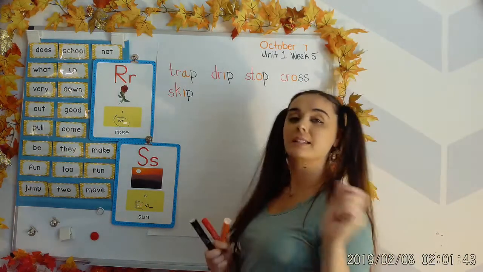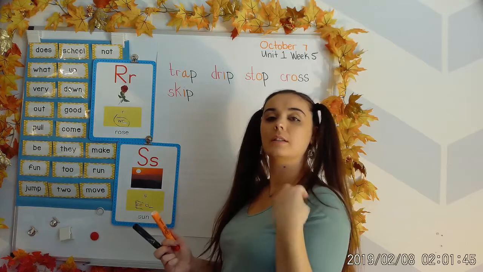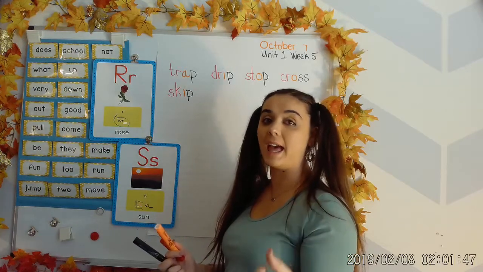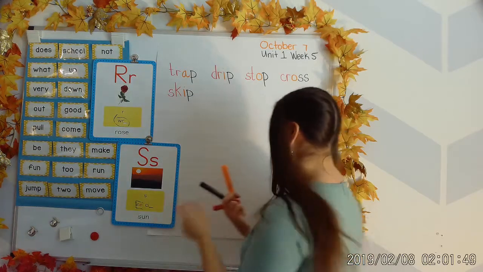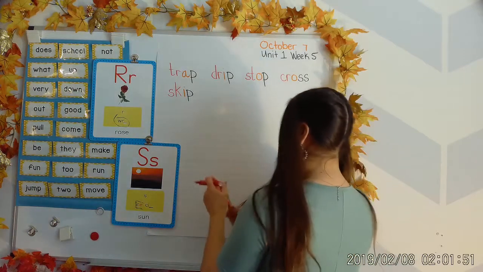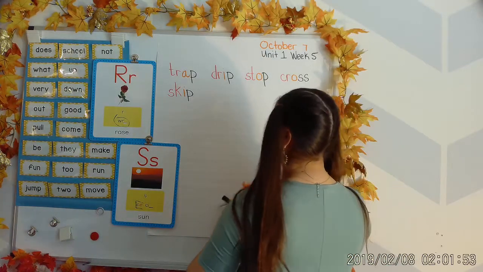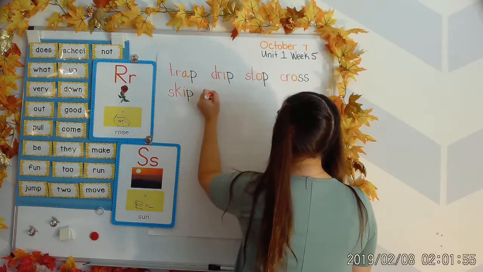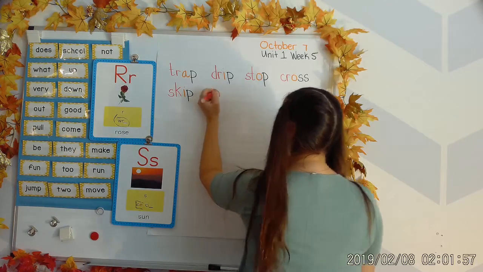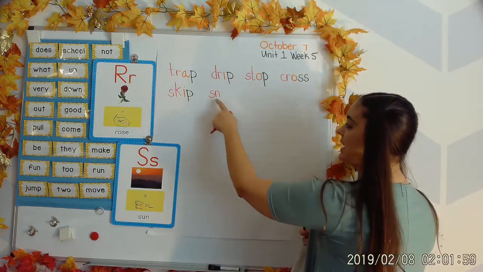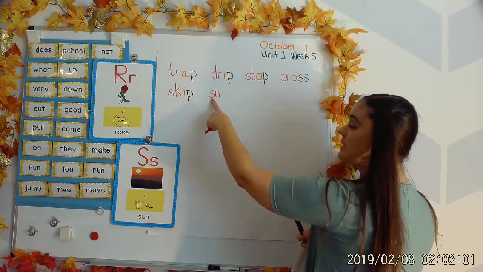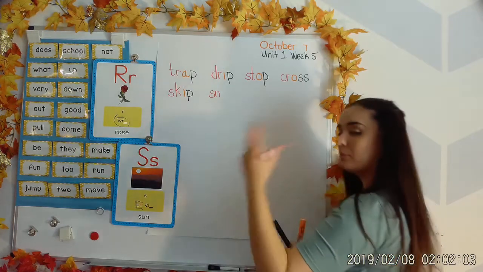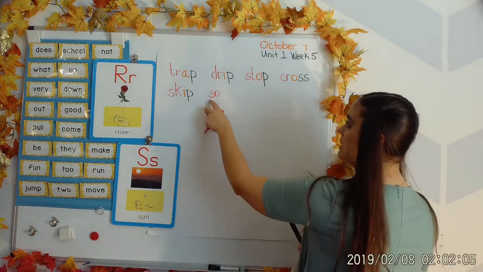And next word, snack. Your turn. Snack. Like you're going to eat your snack at recess time and not in class. So when I say the word snack, I hear sn, because S will say s and N will say n. You can blend those two sounds together.